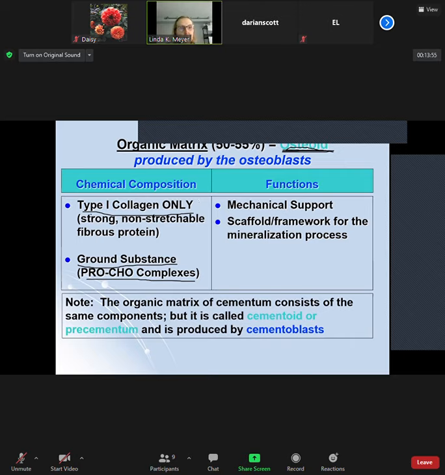Osteoid is made up of type 1 collagen only under the fibrous matrix portion. And then with the ground substance, there isn't really anything in addition to write. It's nothing different from what you learned about before. We didn't go into all the details of the chemical composition of ground substance other than to say it's made up of protein carbohydrate complexes.